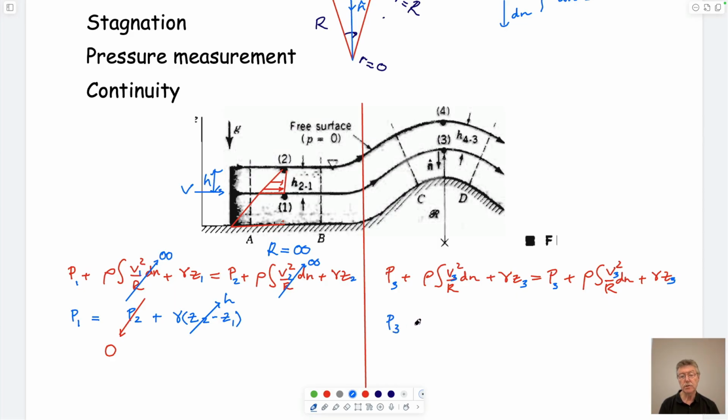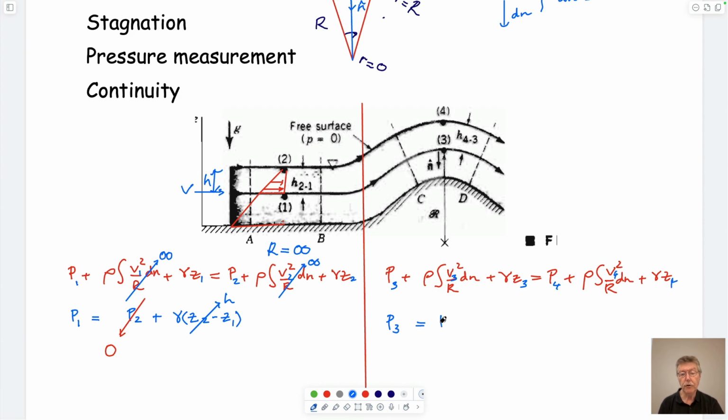P3 is equal to, no one pointing out my idiot errors? What number should go there? Thank you. Four.